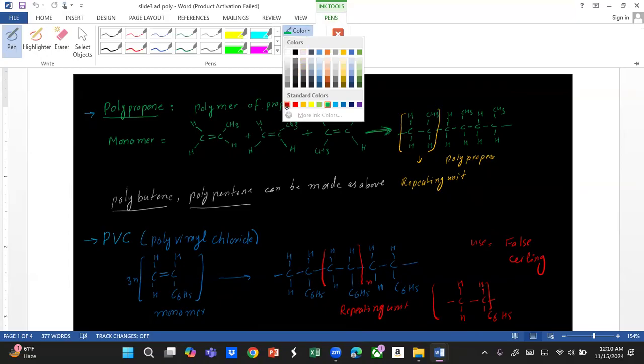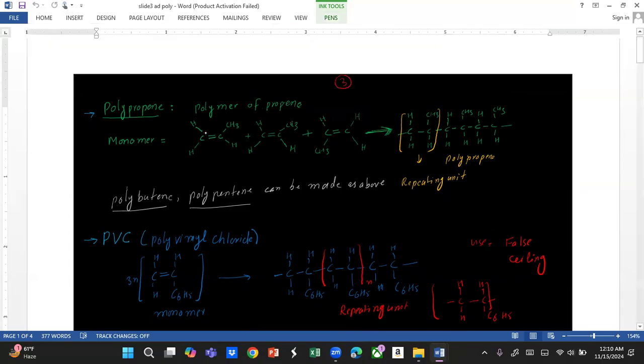This is the main backbone. This will stay the same. You can see this, whether it is ethene, there is a C double bond C. Whether it is propene, you see why it is propene. There are 3 carbons, 1, 2, and 3.